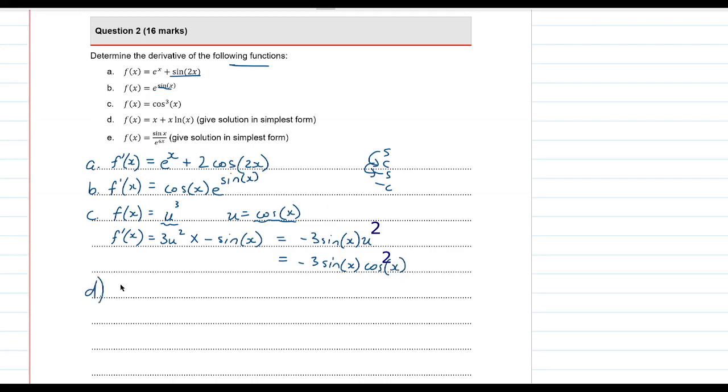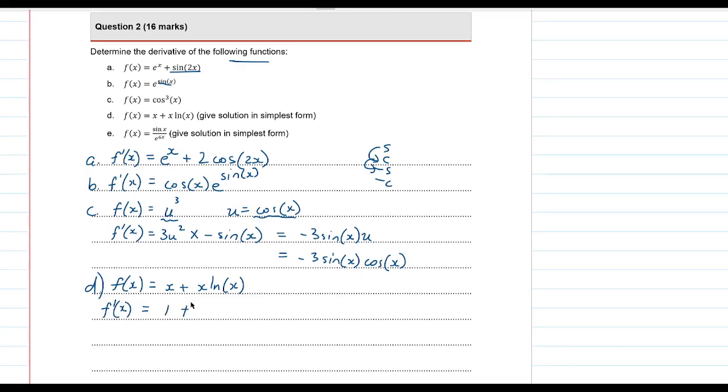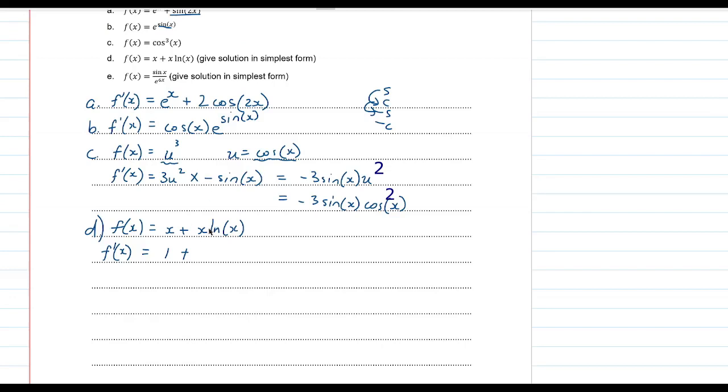For D, so our f of x is x plus x ln x. So we can differentiate both of them separately. So x just differentiates to 1, plus, here we have two terms being multiplied with each other, x times ln x. So we can differentiate this separately on the side here using the product rule, where y is x ln x.